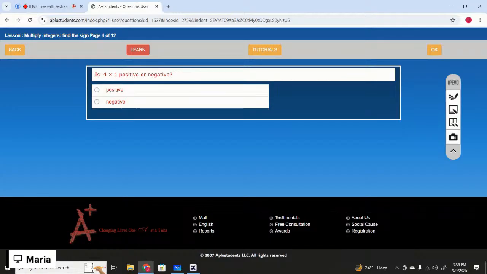Is negative 4 times 10 positive or negative? Negative it is, because either of the numbers is negative. Option number 2 is the correct option.